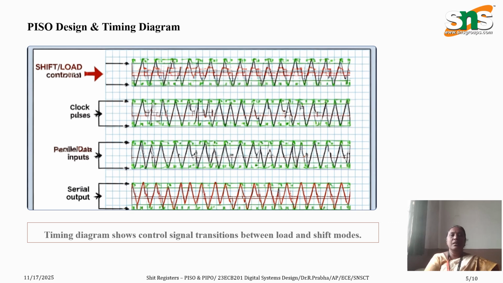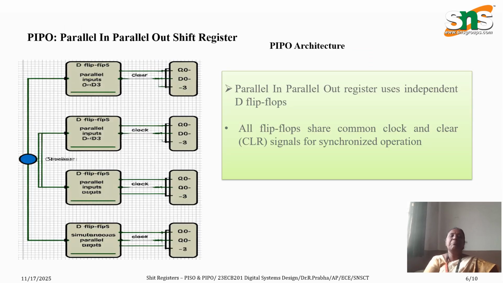And in load operation, all the data is loaded in parallel, because it is a parallel in serial out shift register. The clock pulse is applied to move the data from one flip-flop to another, but the output is taken in serial manner, that is one output line is used and the output is taken one bit at a time.